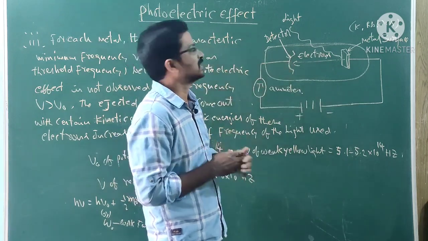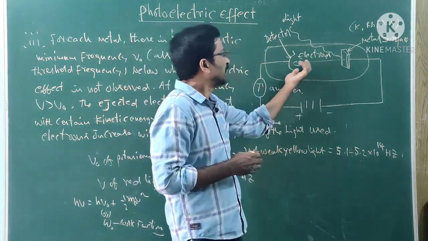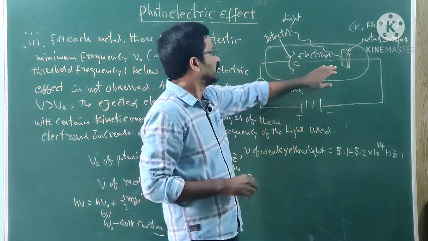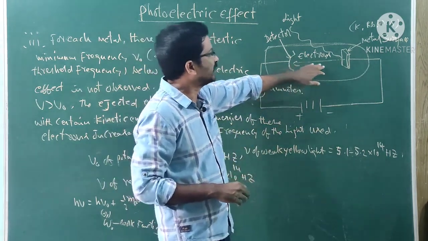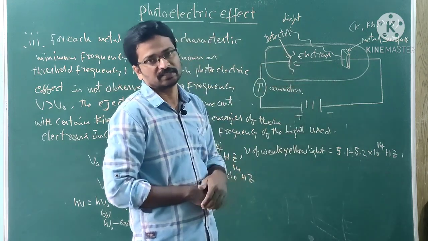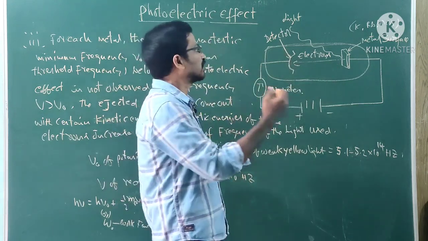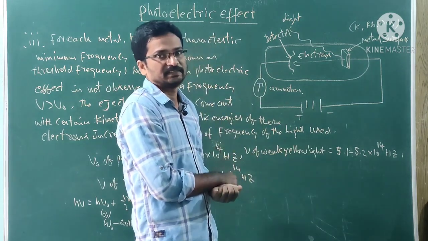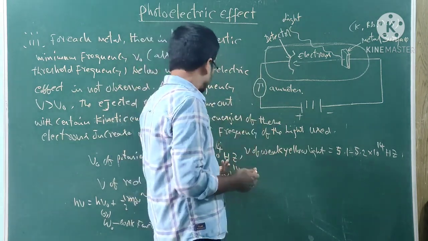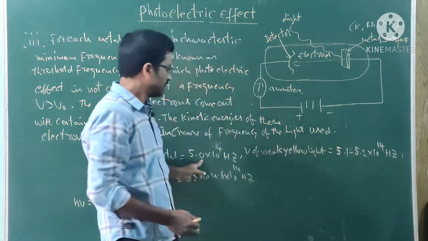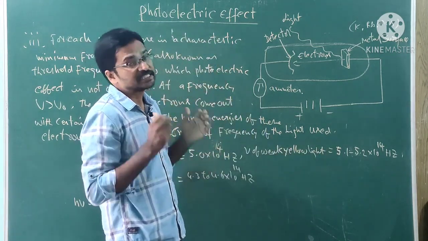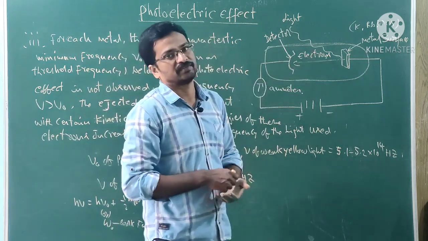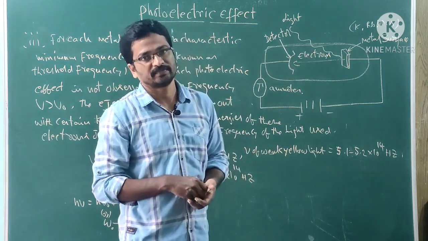This total energy is converted into electron movement, into kinetic energy of the electrons. So electrons will come out forcibly, with greater kinetic energy. The whole energy, this energy minus this energy, gives a certain energy, and this energy is utilized for the movement of the electrons.